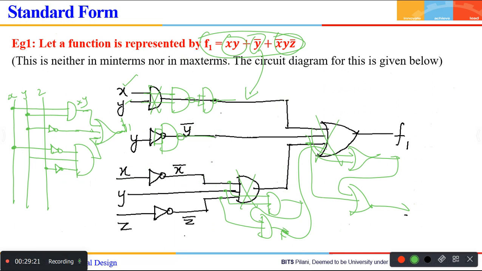I have replaced this gate, I have replaced this gate. I can replace this gate also, right? So now I will replace this gate with an AND. This also I will replace with an AND. Right? Now I can replace this also with the NAND, right? I can replace this also with the NAND. Do that homework.